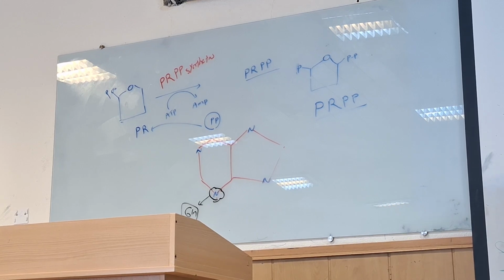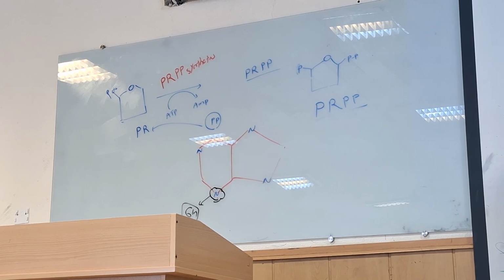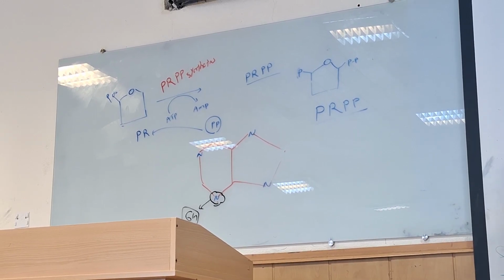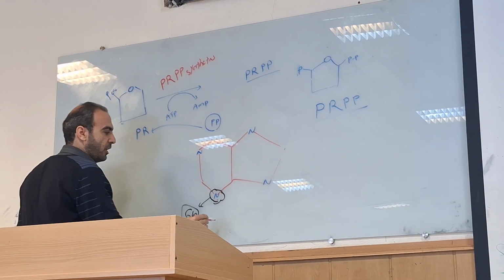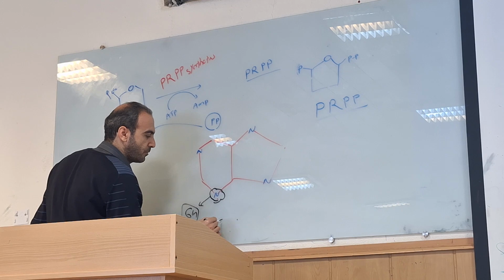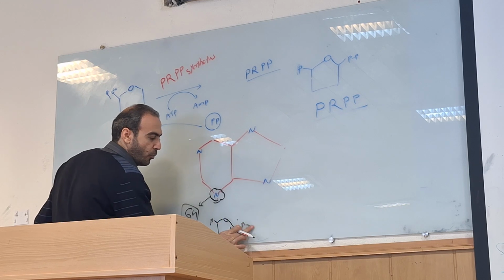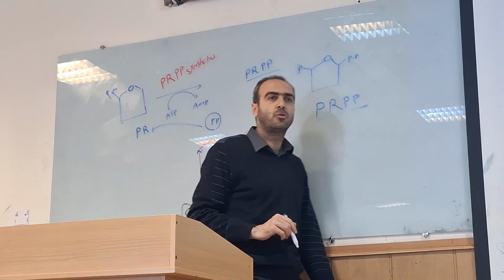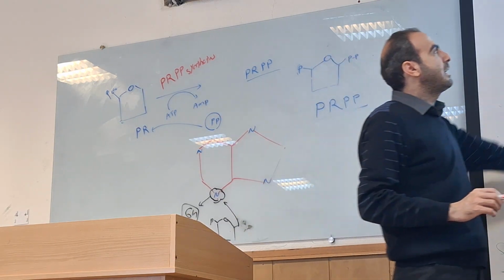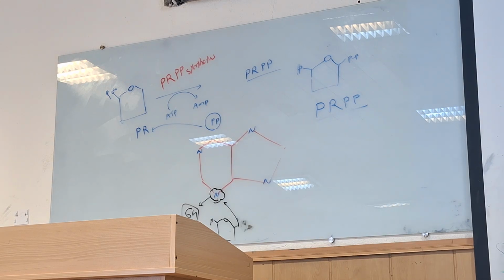When we add the amido group, pyrophosphate is released, glutamate also is released, and just the amido group is added to the sugar. Imagine we have sugar and phosphate here, and here we have the 2 pyrophosphates. We remove these 2 pyrophosphates and bind this nitrogen group to the sugar. And this is the committed step in purine synthesis.